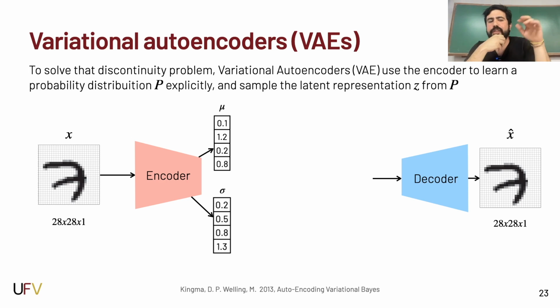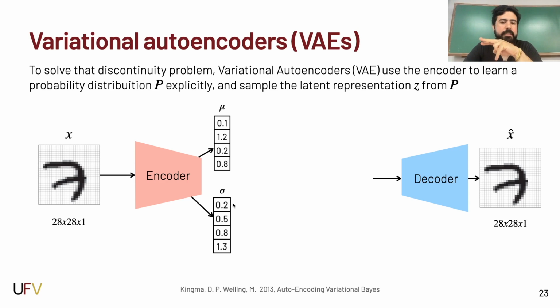Let's focus on this discontinuity problem. The way that the VAE is going to fix that is by learning a probability distribution P explicitly. Even though it could be any type of distribution, in practice people use a normal distribution, so they approximate a normal distribution. We have two parameters, a mean and a variance.